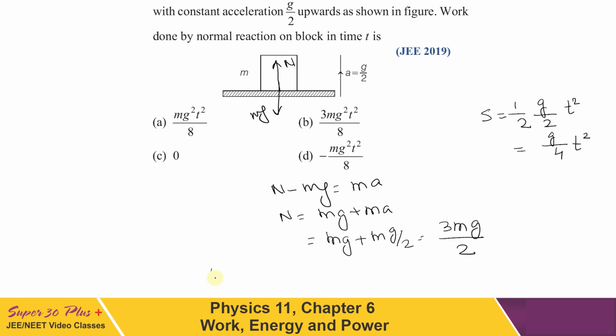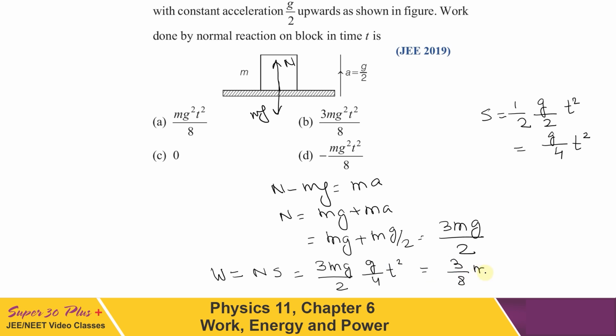So work done has to be equal to, as you can see, normal is in upward direction, displacement is also in upward direction. So simply we have to multiply these two values, that will be equal to 3mg/2 multiplied with g/4 t square, that is equal to 3/8 mg square t square, which is our option number 2.